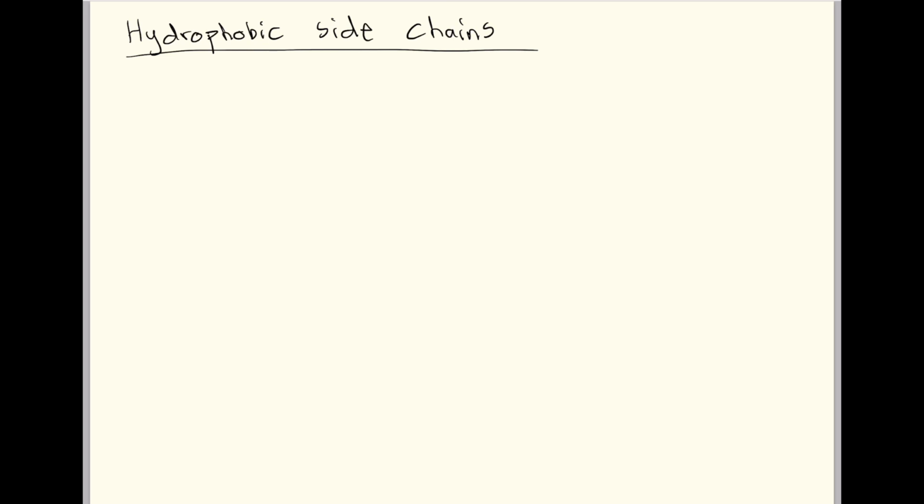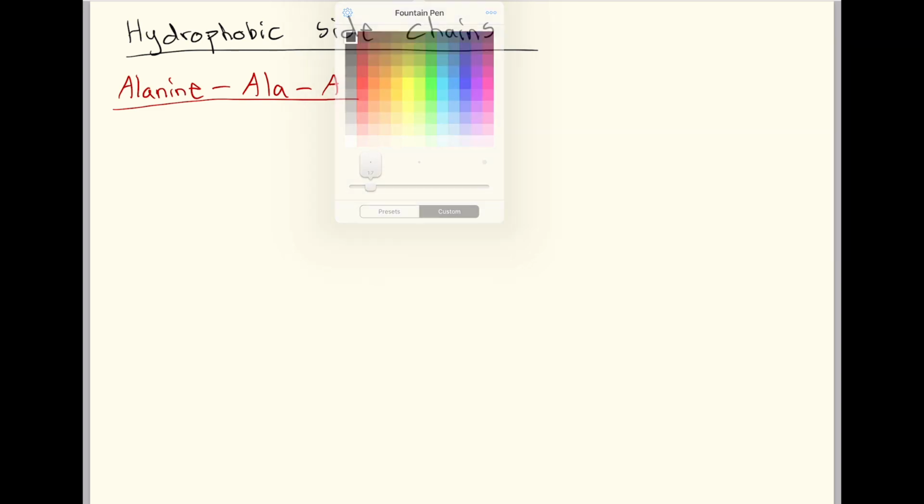The first amino acid, which I think is the easiest one to remember, but I also have a method to memorize it easily, is alanine. So we're going to start with alanine. Here is the 3-letter code and the 1-letter code. The way it's drawn is as so.